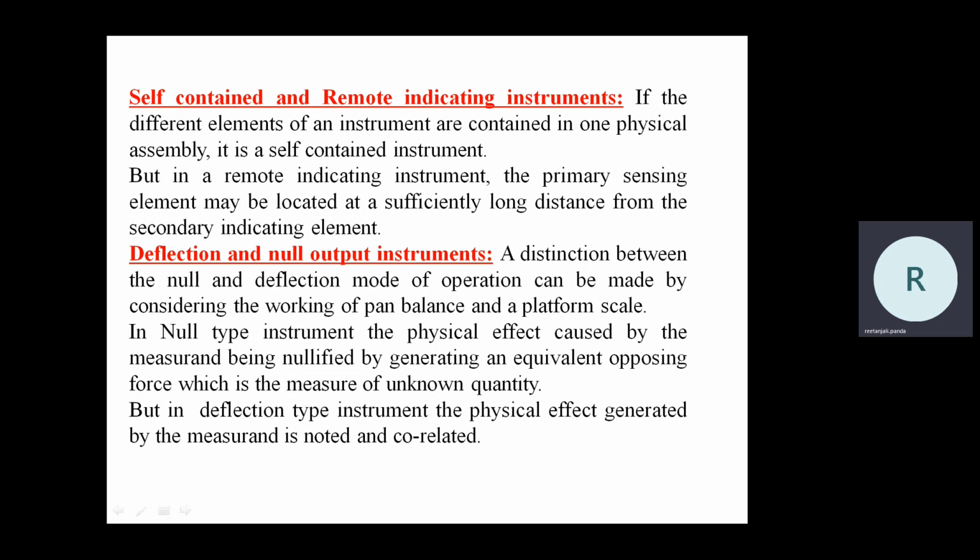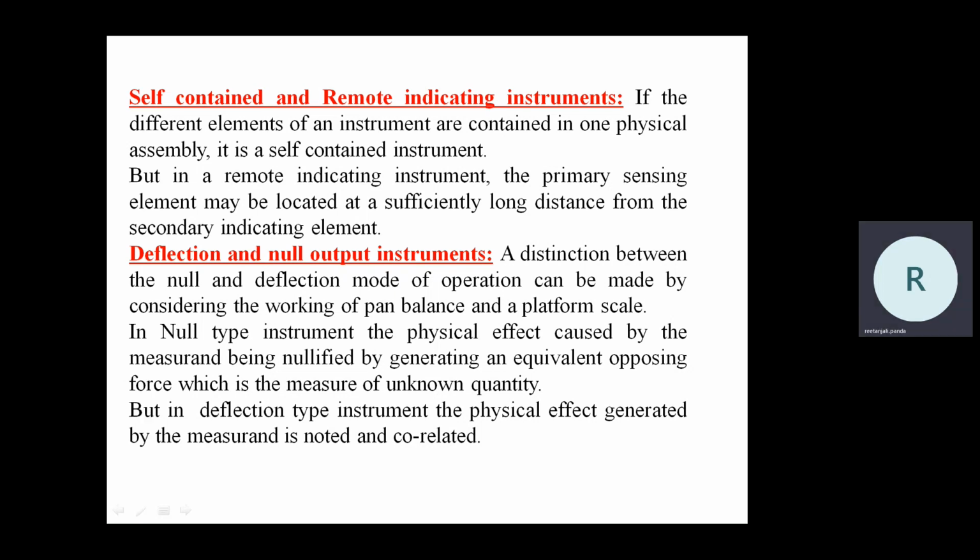But in null output, what happens? A null output example is our normal lever balance. We have a lever balance, which we must have seen in the old kirana shops. So what are they doing? In that one, there is a lever over there.